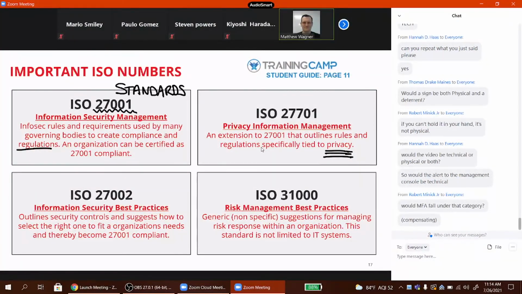We're talking about protecting PII, personally identifiable information. We're talking about keeping that confidential. And again, this 27001 explains how on the international stage, you have to put in certain controls to protect PII.